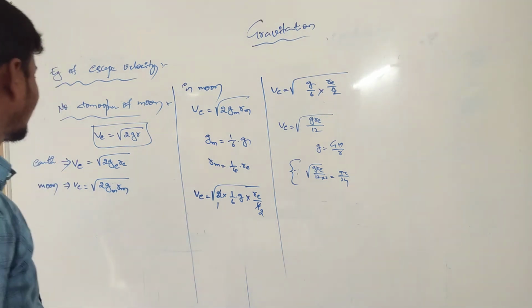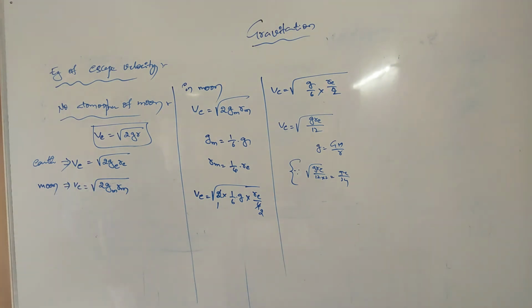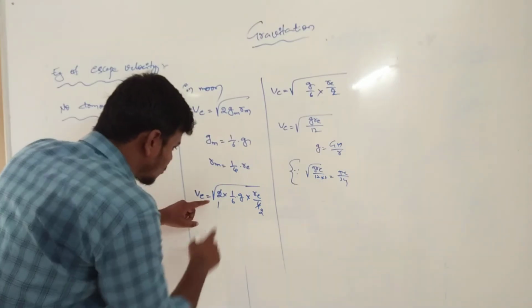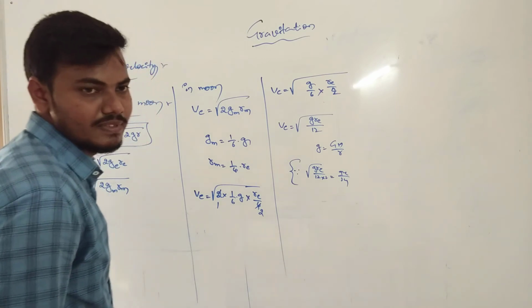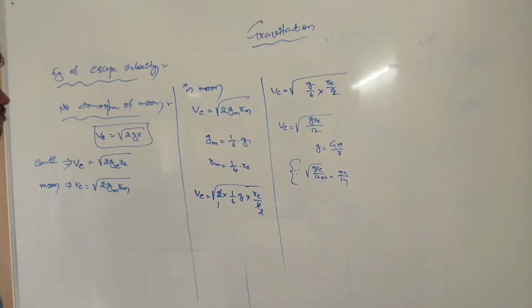Next, the earth surface, VE is equal to the square root of 2GRE. For the moon positions, VE is equal to the square root of 2 into 1/6 into G into RE by 4. That is the same. Now GM is equal to 1/6 of G, and RM is equal to 1/4 into RE.